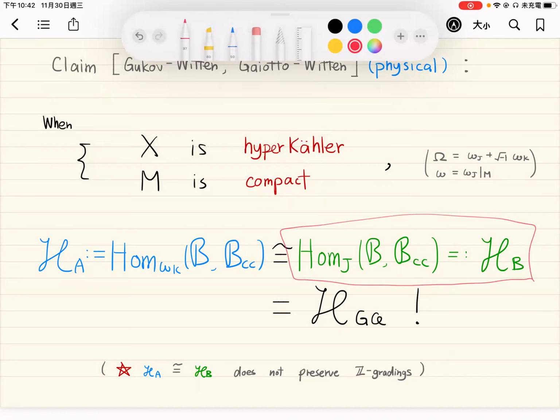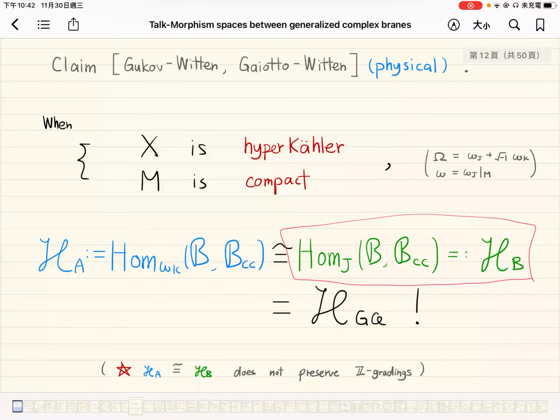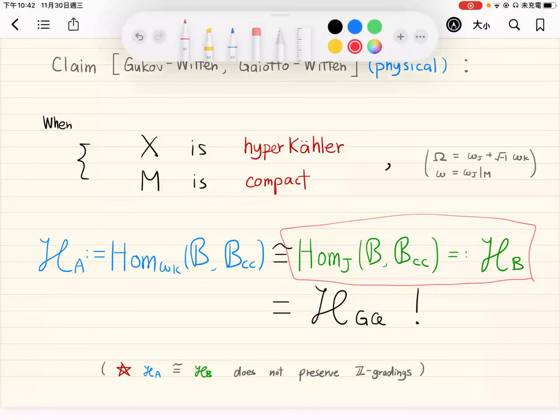Because in this situation, M would be a complex submanifold.